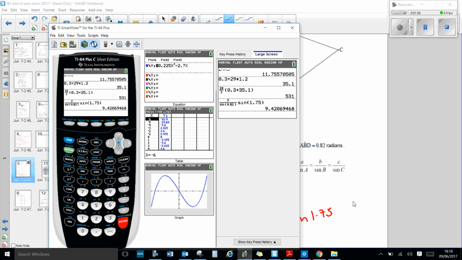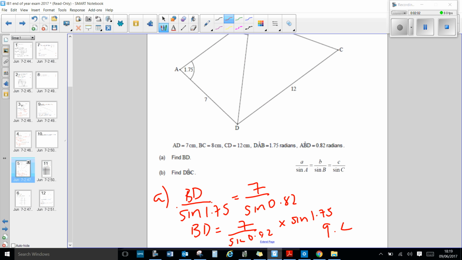That gives 9.42 to 3 significant figures. Again, we are in centimeters units.